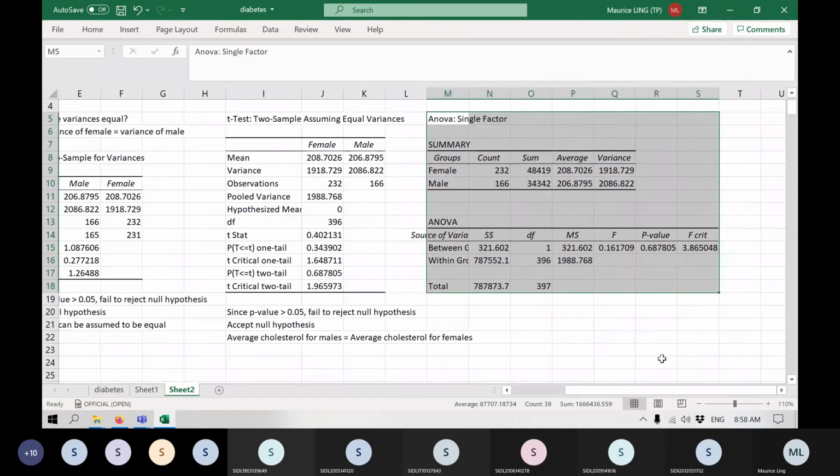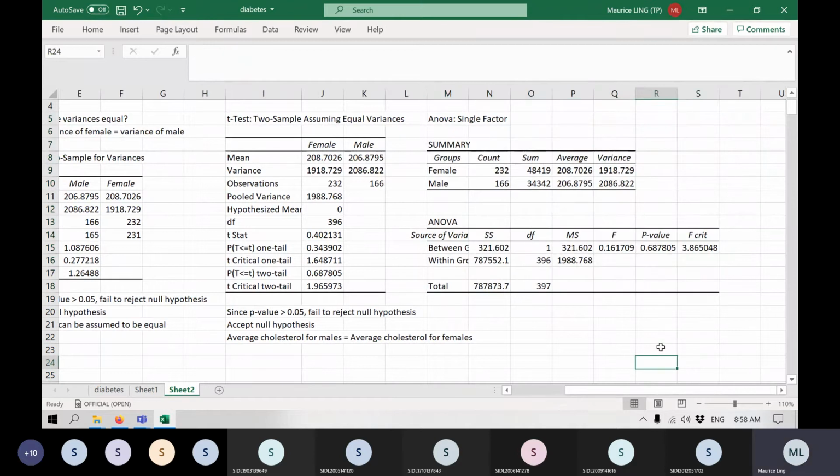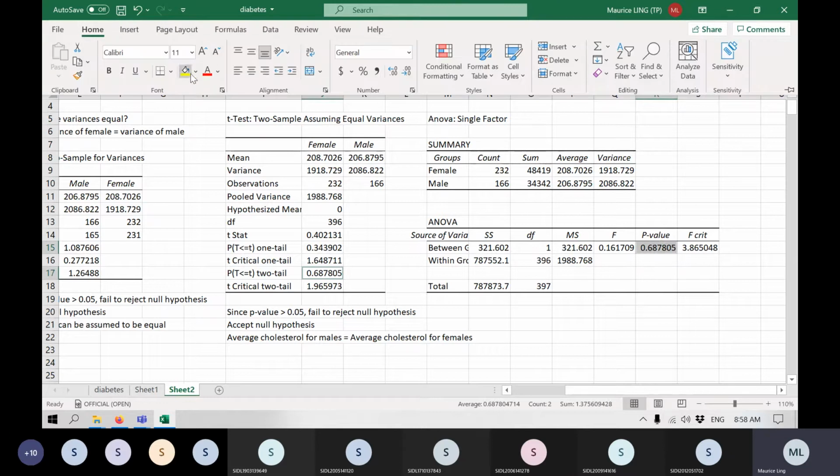What did you realize? When you use ANOVA for two groups, it is equal to the t-test with equal variance, because this value is identical. The p-value is identical.